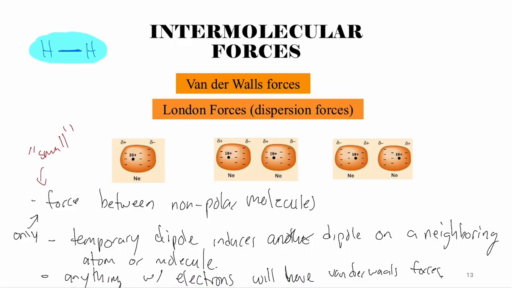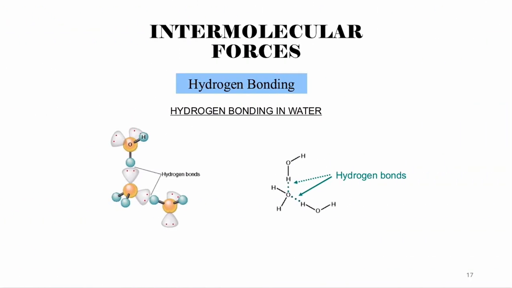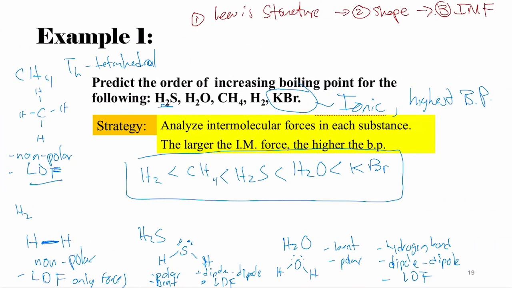Okay. How did you find the dipole and the LDF in the example? The way you find whether that's present or not is you determine if the molecule is polar or nonpolar, right? The key thing to remember is that for London dispersion forces, all you need is electrons. They just have to be there. So every single atom, every single molecule in existence has London dispersion forces because they have electrons.